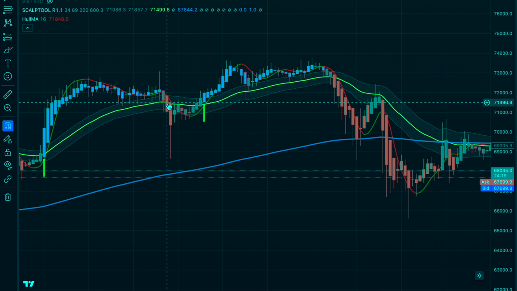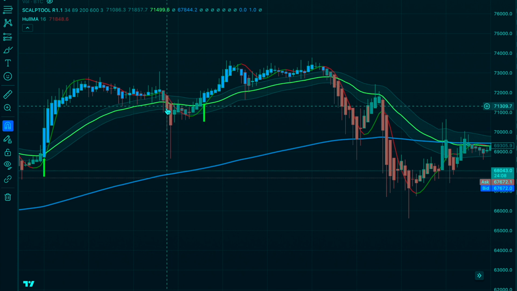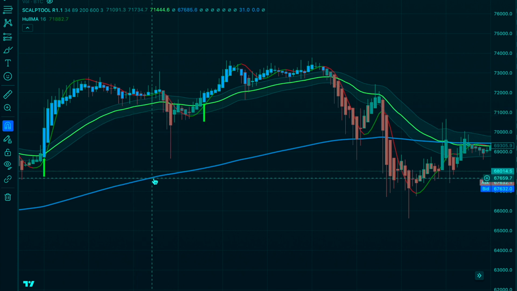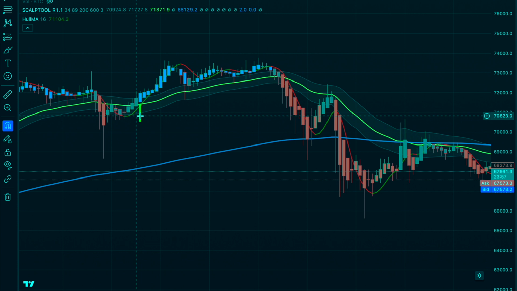Would you take this trade here? It's falling through the 34 EMA and the candles have changed red. But our answer is no, we don't want to take this trade, because we only want to be trading with the trend, and we're still above the 200 EMA. So let's move on to the next one.